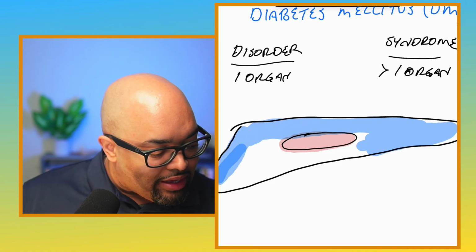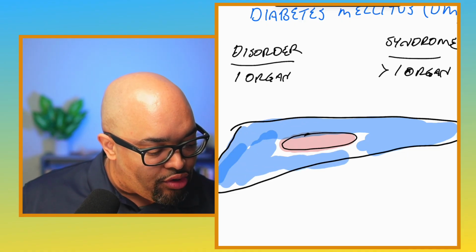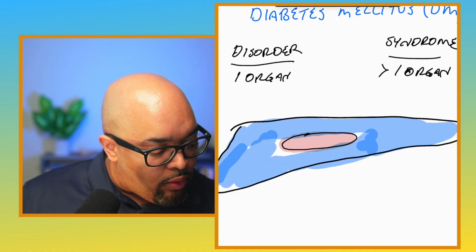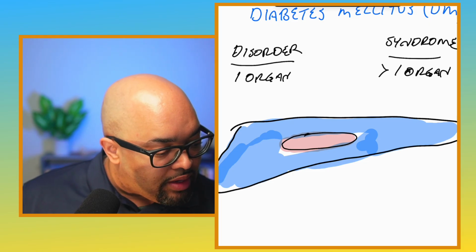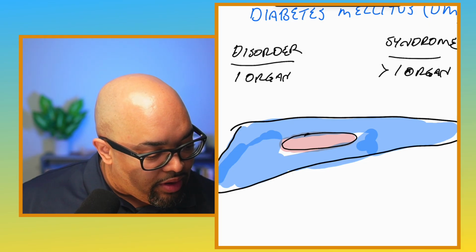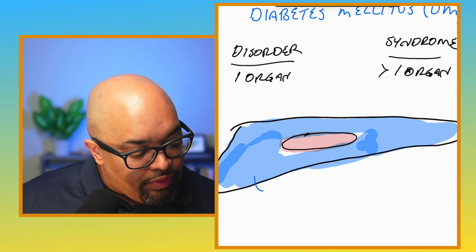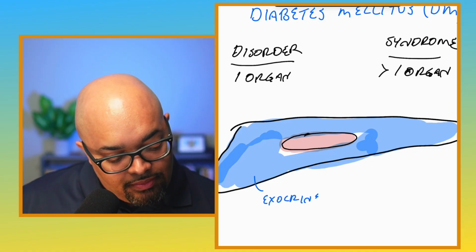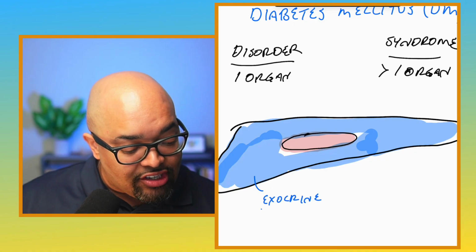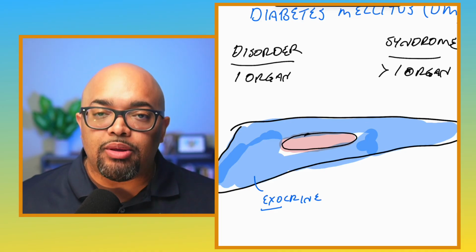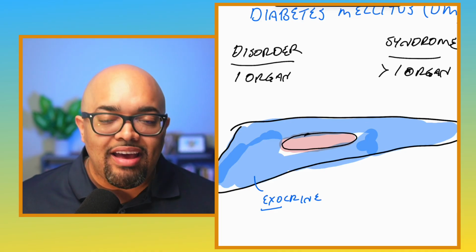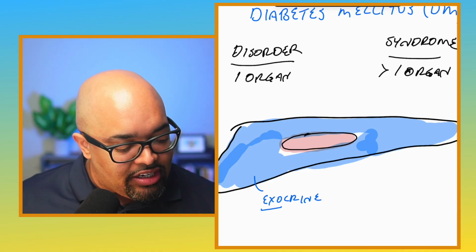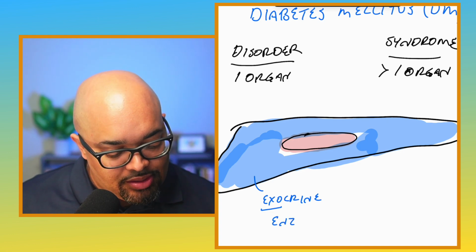Okay. So when we look at the pancreas, it primarily has two functions. What I'm labeling in blue is what's known as the exocrine part of the pancreas. Notice that's exo, meaning outside. So it's the part on the outside of the pancreas. The exocrine function deals primarily with enzymes.